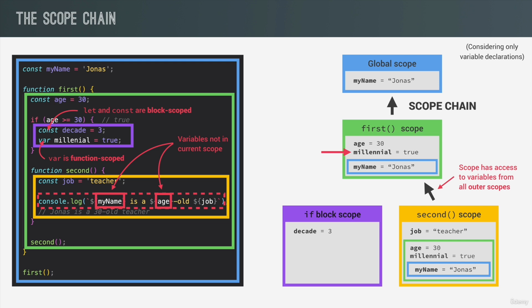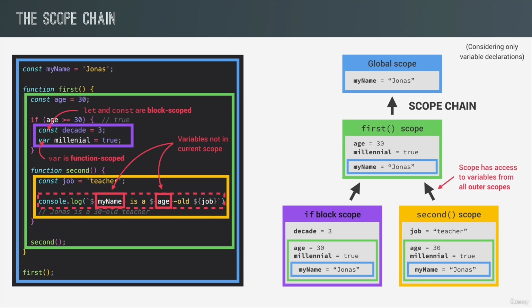Now, about the scope chain, if the millennial variable is in the first function scope, then of course the second function scope also has access to it, even if it doesn't really need that variable. Also, the scope chain does of course apply to block scopes as well, and therefore, in our if block scope, we get access to all the variables from all its outer scopes. So from the first function scope, and of course from the global scope.